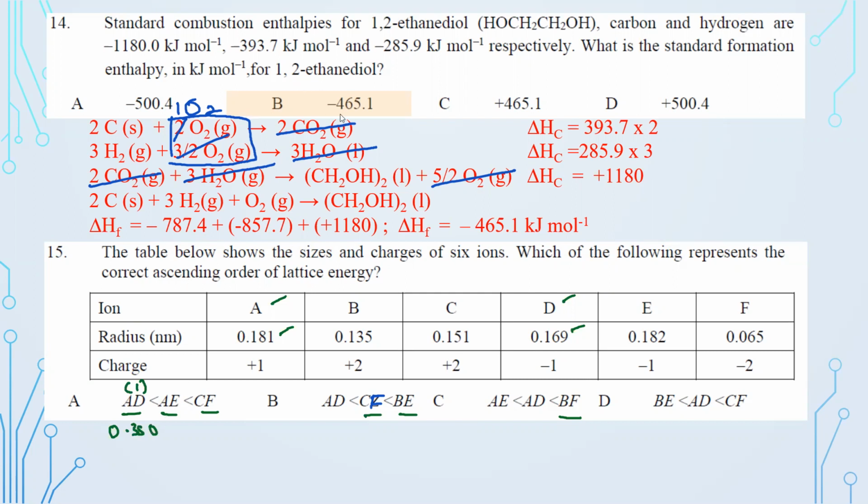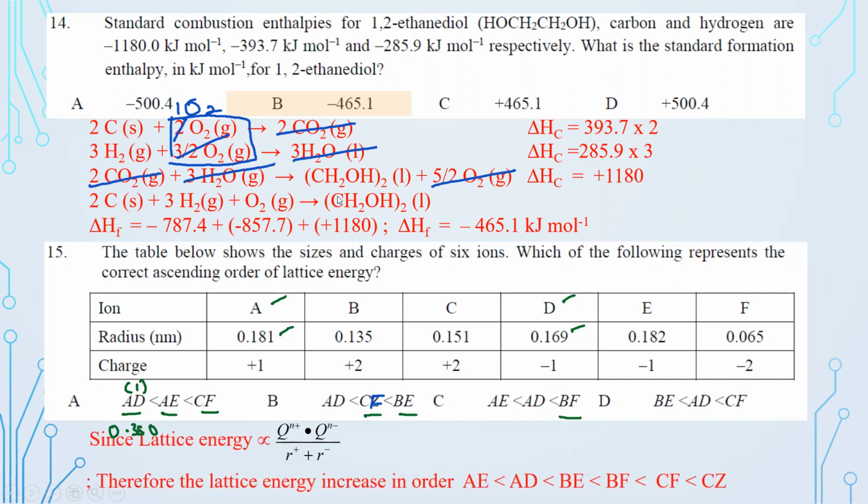Then AE here will be plus 1 minus 1, so also 1, and the interionic distance is 0.363. In terms of CF, plus 2 minus 2, so it's 4. The interionic distance is 0.246.